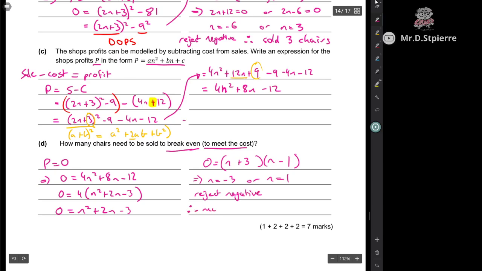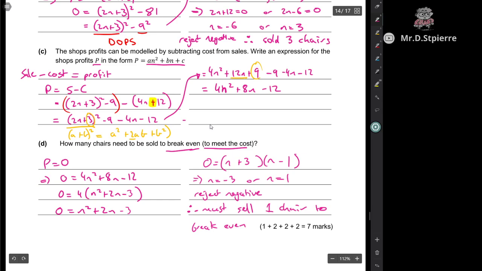Therefore, must sell 1 share to break even. Now, for those of you going into methods and specialist, we do this anyway, but normally with more complex functions.